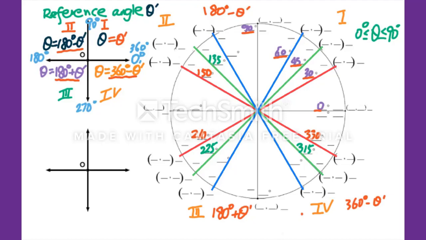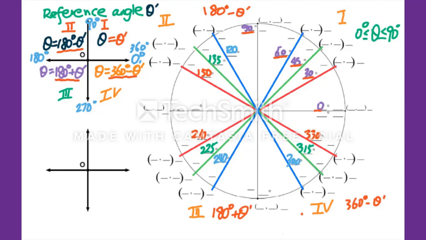Now let's go to 60. For 60 degree as the reference angle, for the second quadrant, you will get 120 degree. For the third quadrant, 180 plus 60 gives 240 degree. For the fourth quadrant, use 360 minus 60, that's 300 degree.